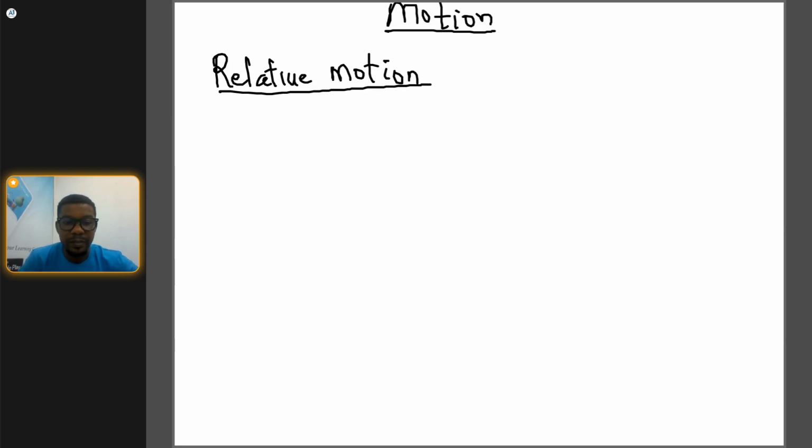To explain this terminology, we are going to make use of a diagram so as to make the definition easier to understand. What do we call relative motion? We are going to consider a diagram.